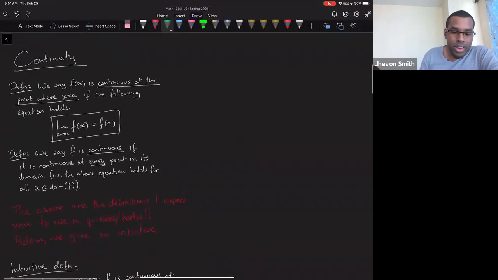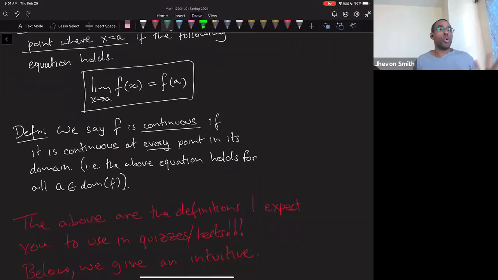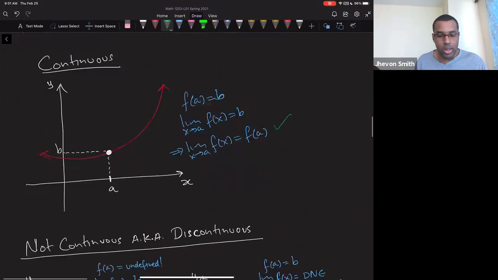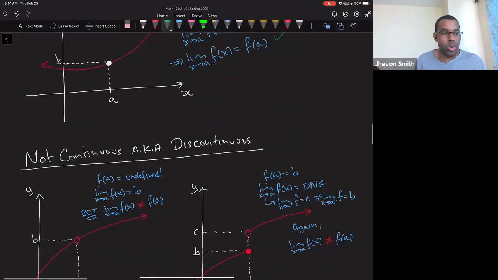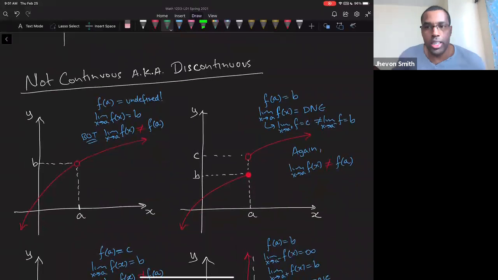So I can define this very intuitive idea with that equation. That's the important thing. And we call this property continuity, the property of no disruptions, no gaps, no breaks, no holes. How do I know that such a thing is occurring, even if I don't know how to graph my function or it's some sort of crazy function? Well, just check this equation, right? Because if the equation works out, it's continuous there. If it doesn't, then it's not.